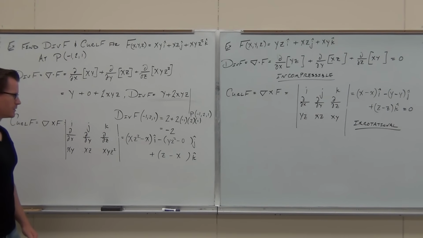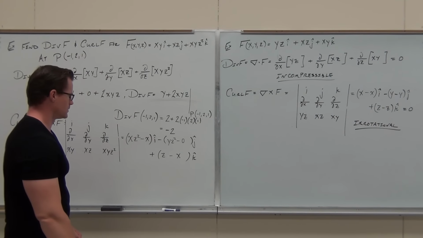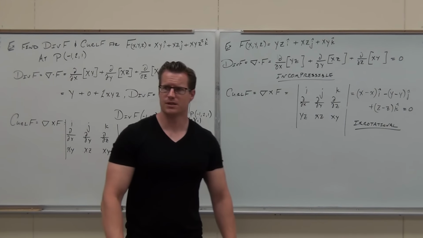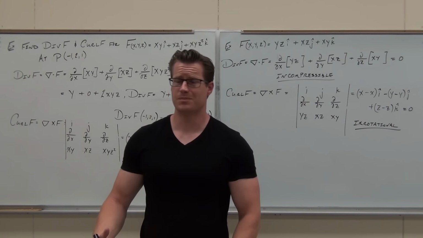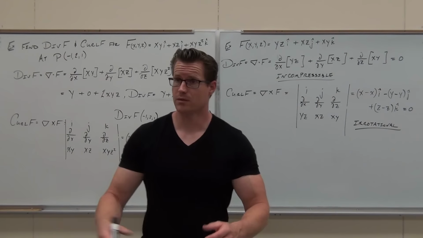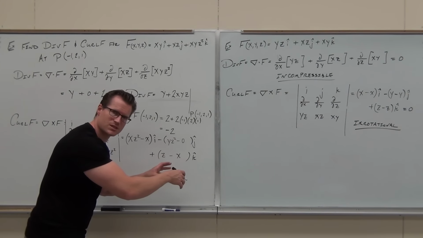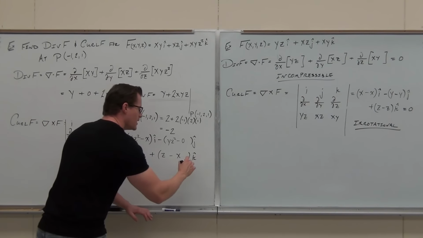Oh man, okay. Well, is that always 0? Does it depend? Yes. What's it depend on? Plug in the point. So let's evaluate this vector. Notice it's a vector. Curl F always gives you a vector. Evaluate this vector at the point.